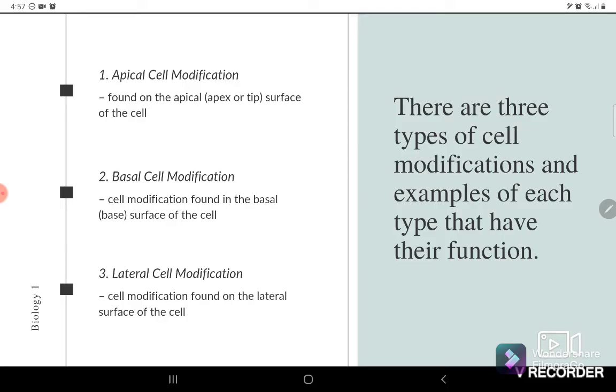If the apical modification is on the apex, the basal is made on the base surface of the cell. Then we also have the lateral cell modification, found on the lateral surface of the cell. We are going to discuss them one by one.